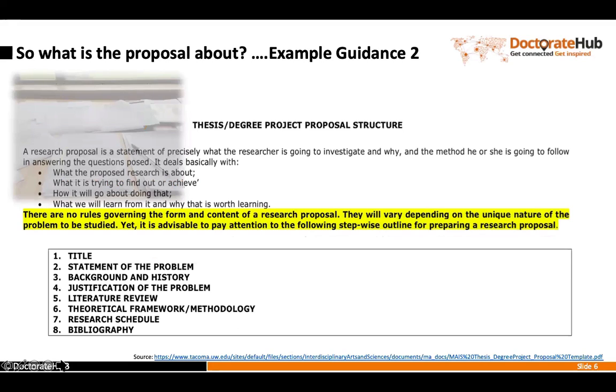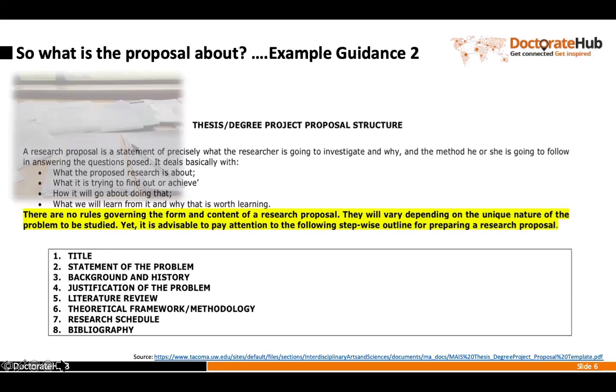There will be a statement of the problem, background and history, justification of the problem, the literature review, the methodology, and what is different in the thesis proposal to the subsequent thesis is that in the proposal you will have a research schedule, while later on in the thesis you will work not on a schedule that's included in the thesis, but rather alongside your own roadmap that you keep maintained.